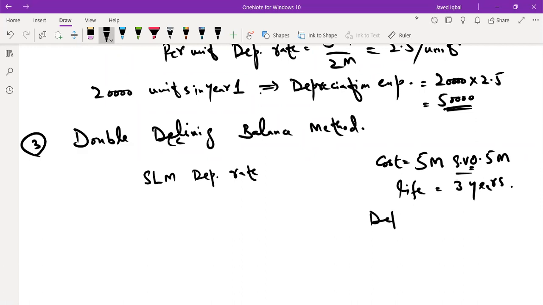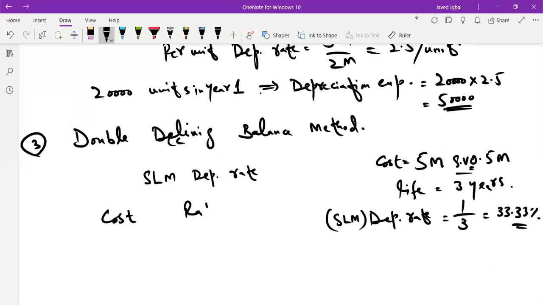The straight line depreciation rate is simply 1 divided by its life, which in this case is 33.33 percent. So you simply take the cost, take the rate, and then calculate the remaining value.